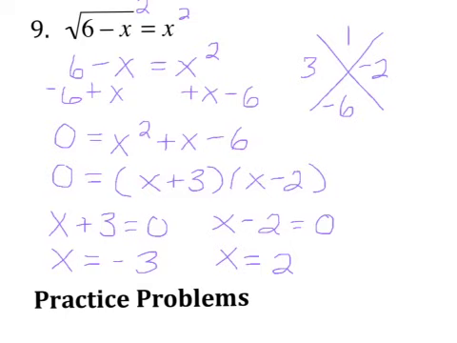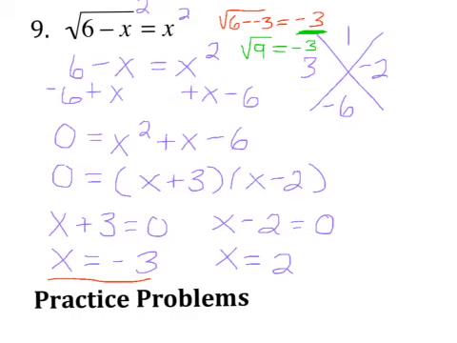The easiest way to check for extraneous solutions is to take your solutions, plug them back in, and if we end up with a negative on the right side of the equation, we know that it is extraneous because we are not allowed to take the square root of -9 and say that it equals -3.